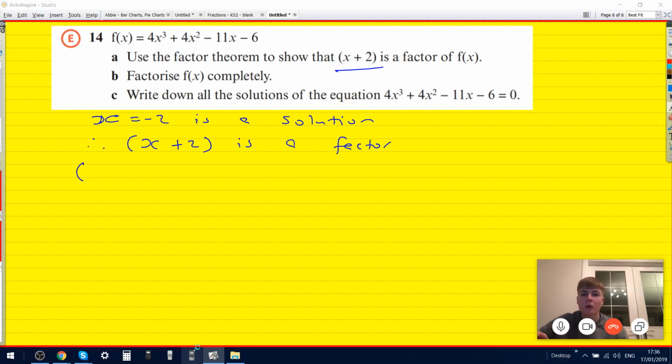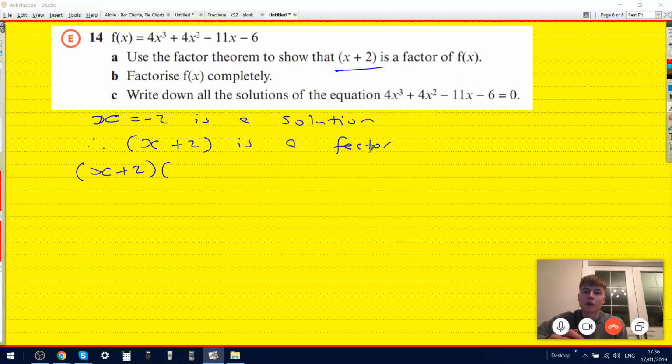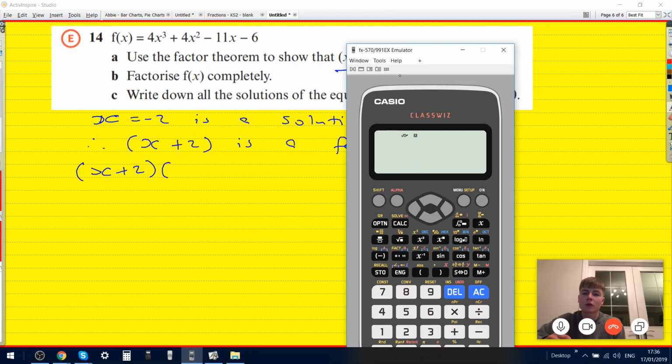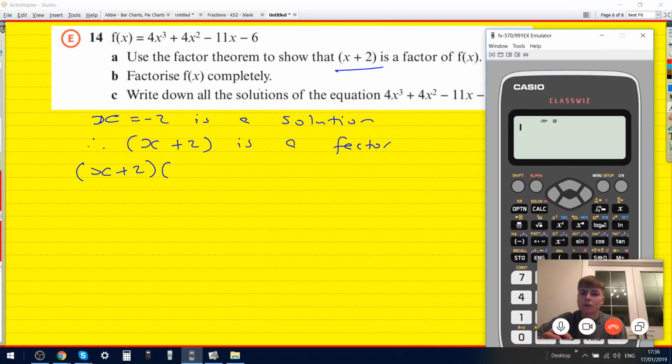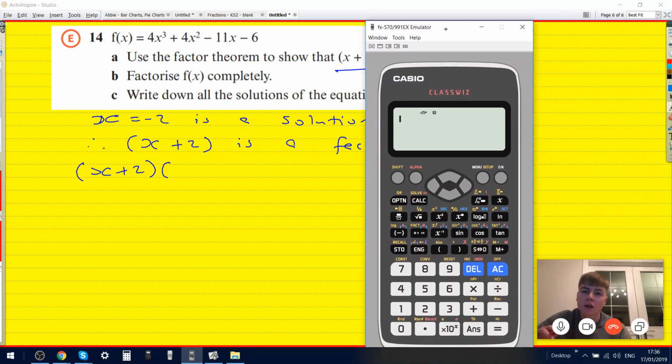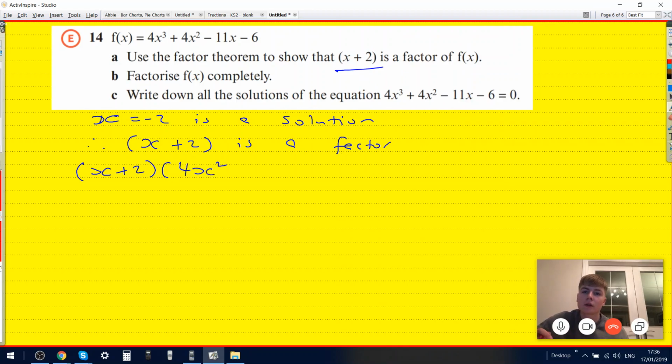One bracket will be x plus 2. That's one factor. And then how about the second bracket? Is that going to be x minus 2? Well, the next one would have to be, x times what will give you the 4x cubed, so 4x squared. And then the number at the end: minus 3. And then you've got the bit in the middle.